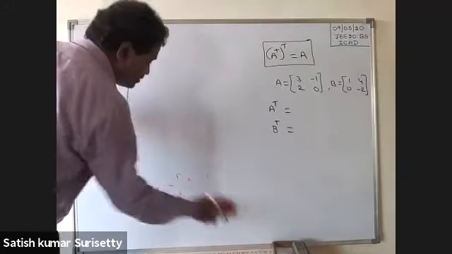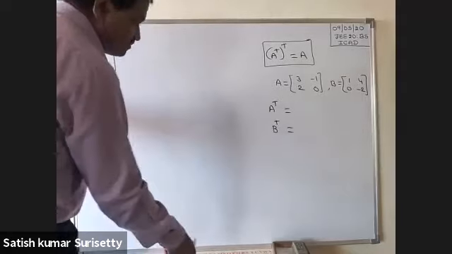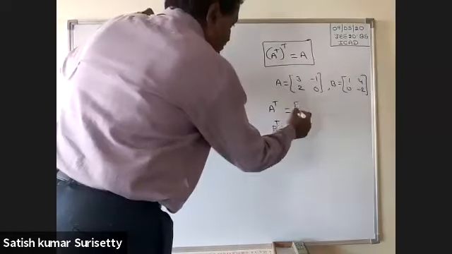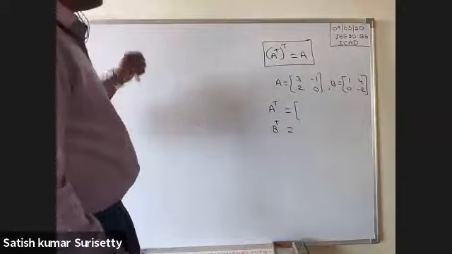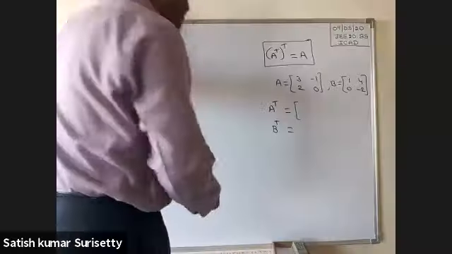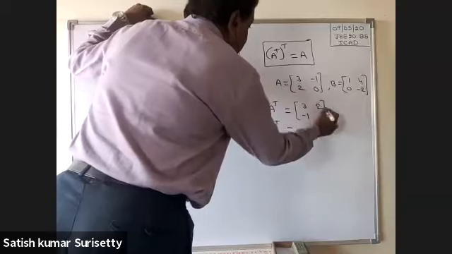What is A transpose? A transpose is 3, minus 1, 2, 0. Row wise, you tell me. Row wise it will be 3, 2, minus 1, 0. Next, tell me B transpose row wise. 1, 0, 4, minus 2.